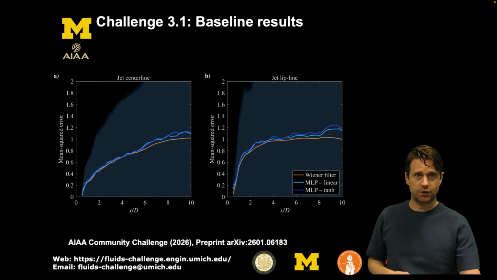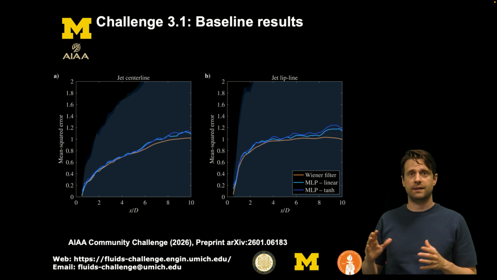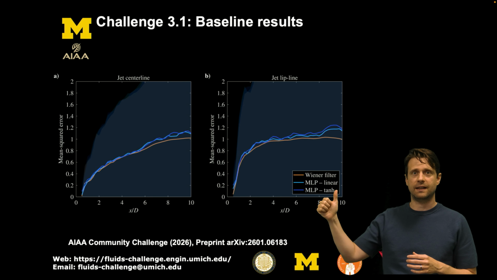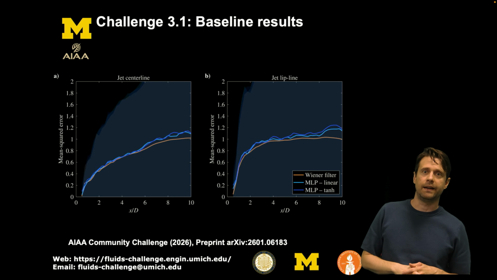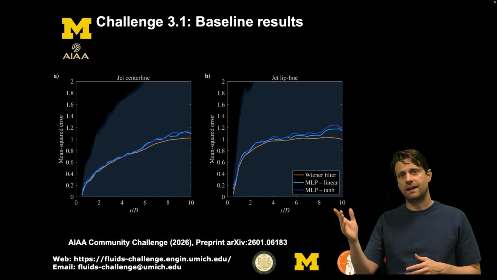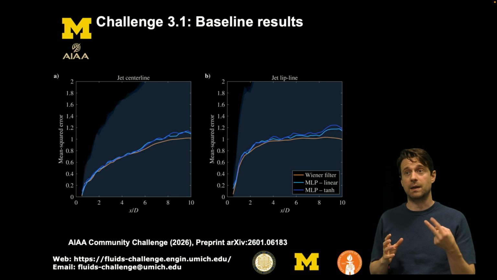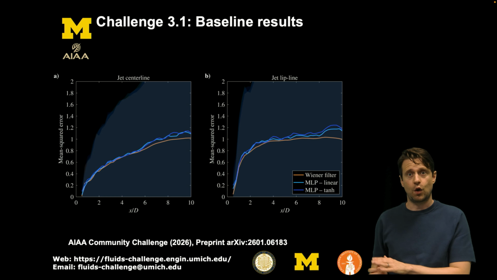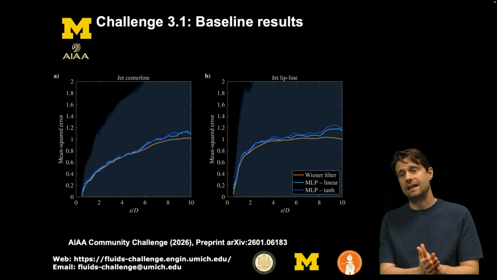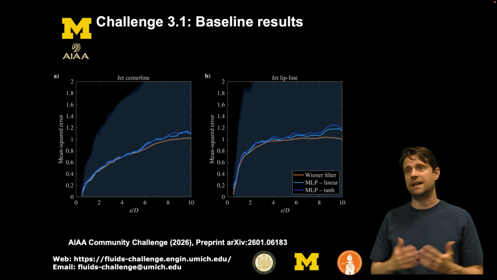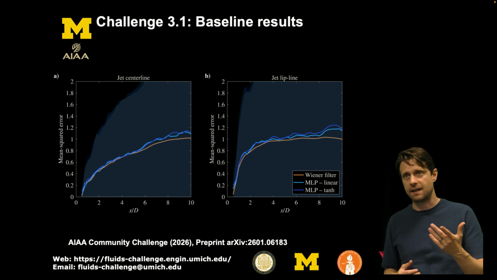And in terms of the results, we compare, at 2 locations, the jet center line and the jet lip line. We have a linear filter, the Wiener filter. And then we have 2 different MLPs, multi-layer perceptrons. On the one hand a linear MLP, which would be actually analogous to a linear method like a PCA, for example.